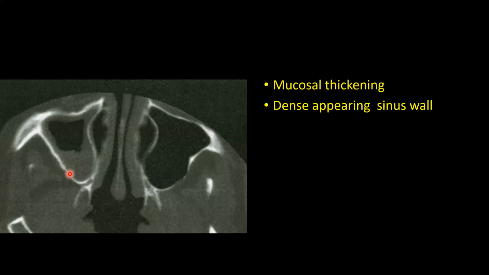So this is chronic maxillary sinusitis. And if you look at the bone, the walls of the maxillary sinus are denser because there is reactive sclerosis from long-standing sinusitis. So there is a reactive sclerosis of the maxillary sinus wall.